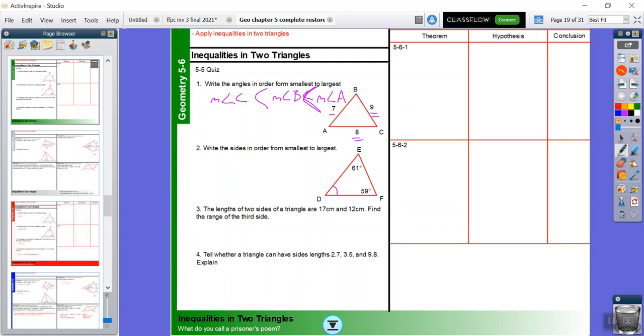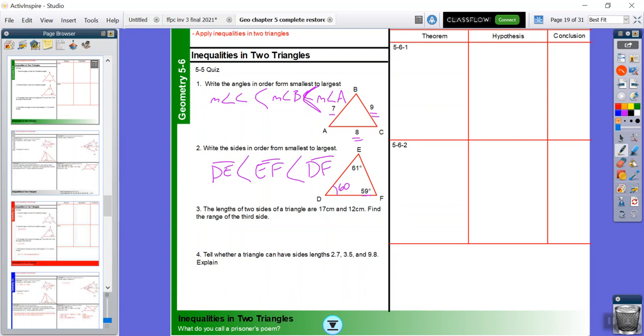So 180 minus 120, and this is 60. That means the smallest side is going to be opposite the 59-degree angle. So side length DE is less than side length EF, because that's across from the medium angle, which is less than DF.